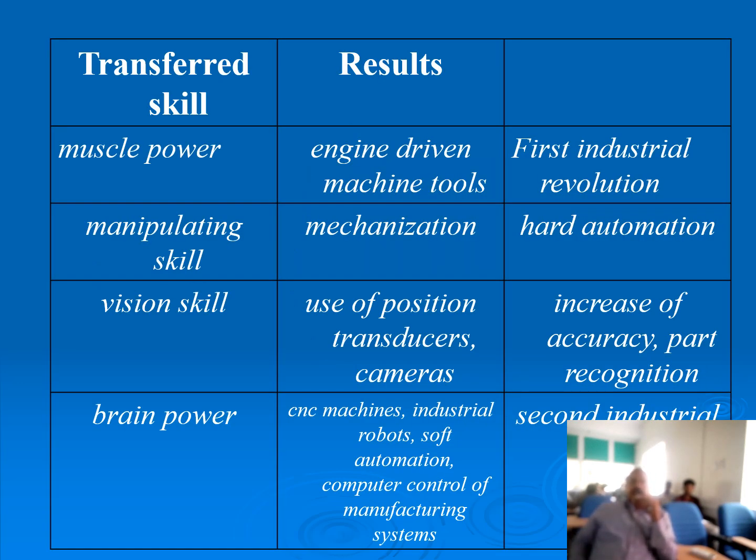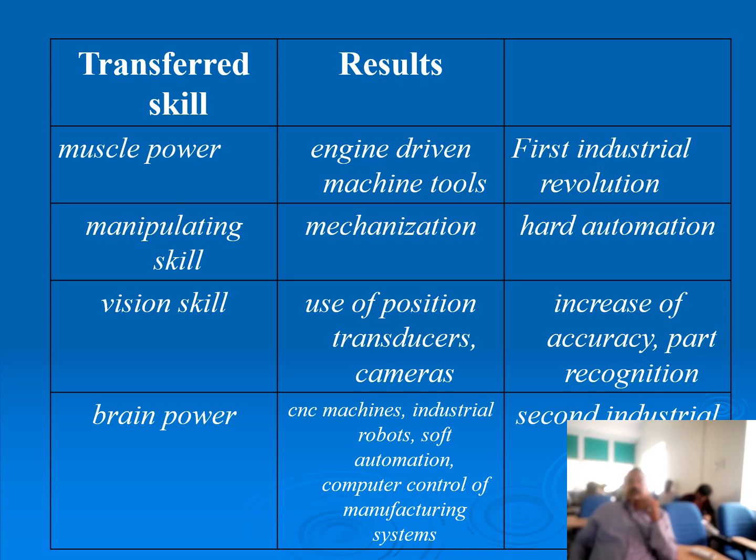Now let us see in detail what the transfer skills are and what results they produce. First, the muscle power. Muscle power is a transfer skill where engine-driven machine tools are used. Instead of using the muscle power of a human being, we make use of engine-driven machine tools.